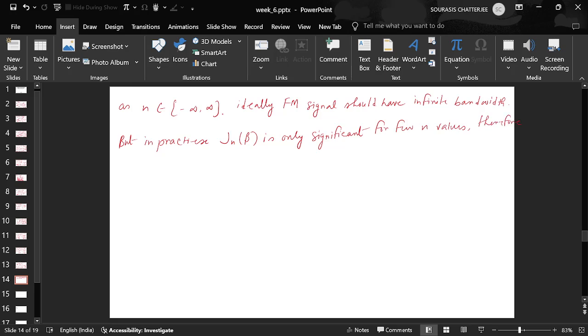Therefore, only a few fc plus n fm matter. So in theory, of course, n goes from minus infinity to infinity, so the frequency modulated signal should have an ideal infinite bandwidth, but in practice J_n(beta) is significant only for few n values. So you have a few frequencies fc plus n fm, for few n values, where most of the power is concentrated, and this should constitute the practical bandwidth of the FM signal.